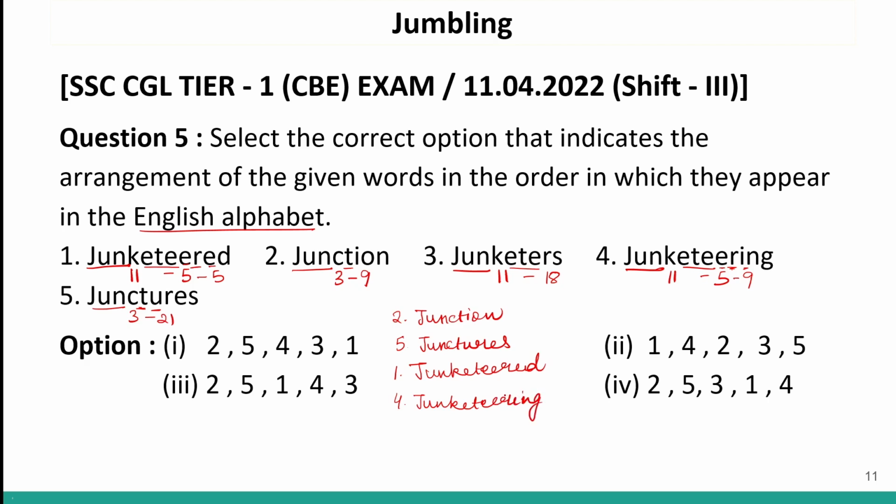And after this, we will get junketeers. The correct logical sequence is 2, 5, 1, 4, 3, which is given in option number 3. So option number 3 will be your correct answer to this question.